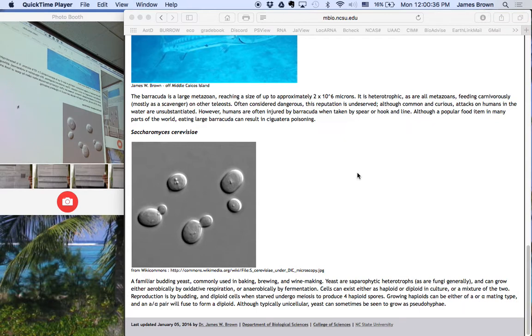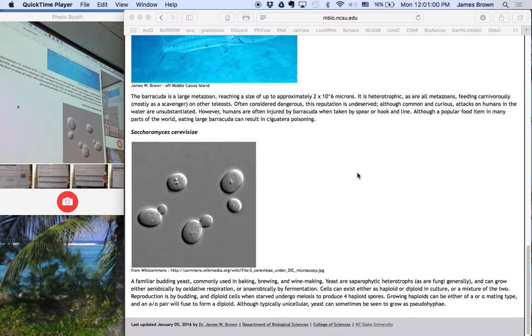Oftentimes, they can grow either as haploid or diploid, and when they're diploid, they're either A or alpha mating types. I have to think a little bit about the life cycle. Well, okay, so when they're diploid, they're A alpha, and when they're haploid, they're either A or alpha.